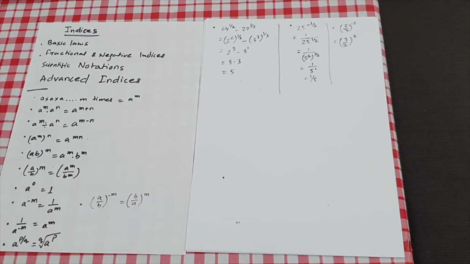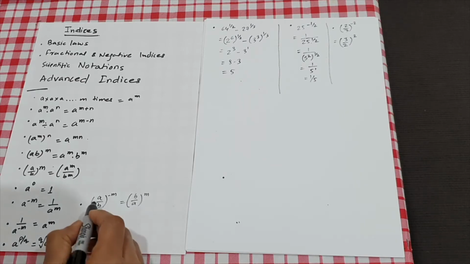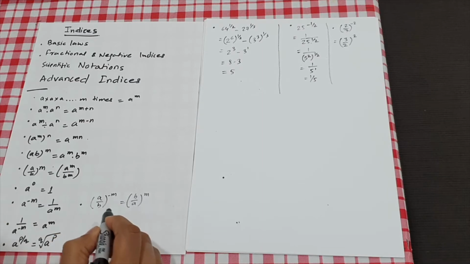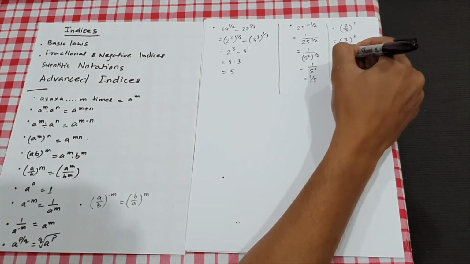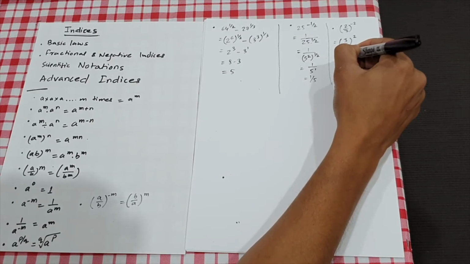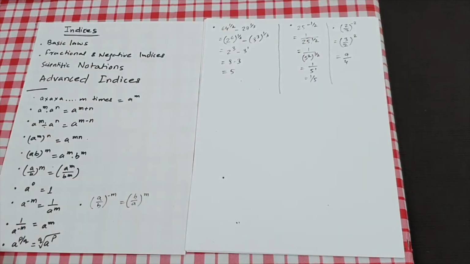And this is very, very important. This is a very simple way of removing your negative index, because it's easier to work with positive indices, especially if you have a fraction or a numerator and denominator. You just reverse the numerator and denominator and you get this. So ultimately you can't simplify it any further. I think the answer is 9 by 4.